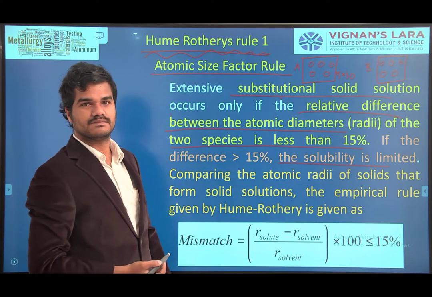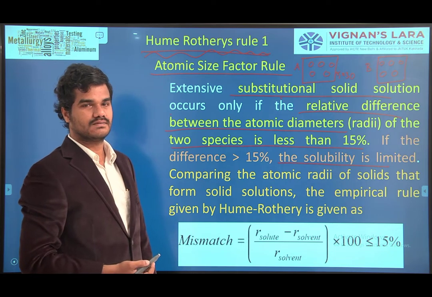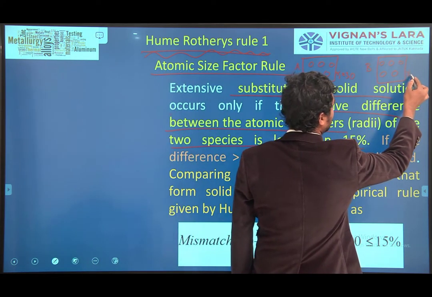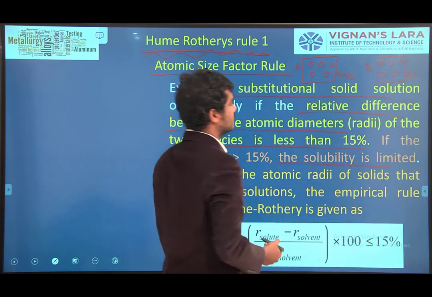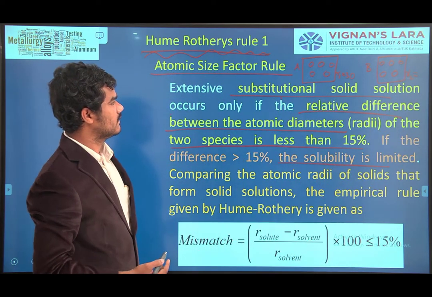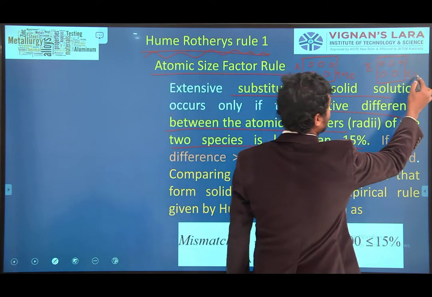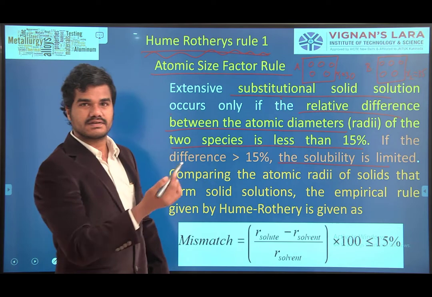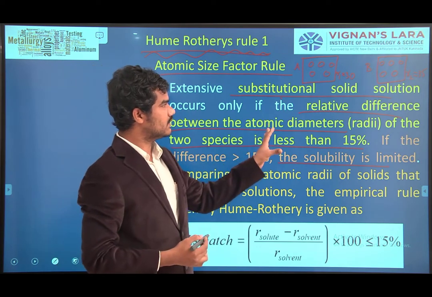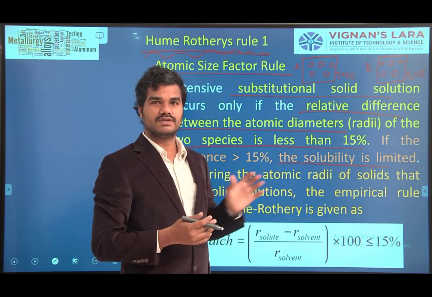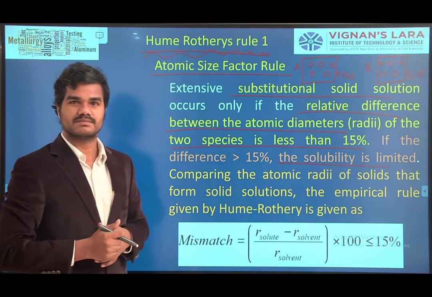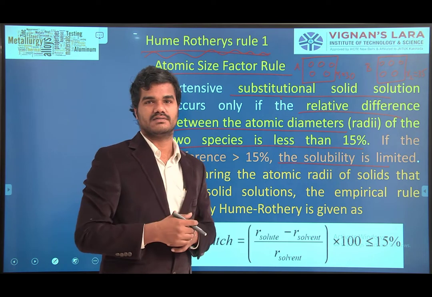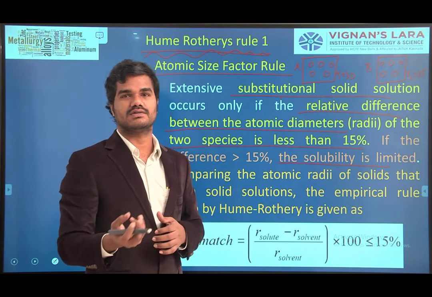Let R2 be the radius of B material, R2 is equal to 35 micrometer. If you calculate the difference between the two atomic radii of these two, it is less than 15%. So then those two materials you can combine to obtain substitution solid solution.